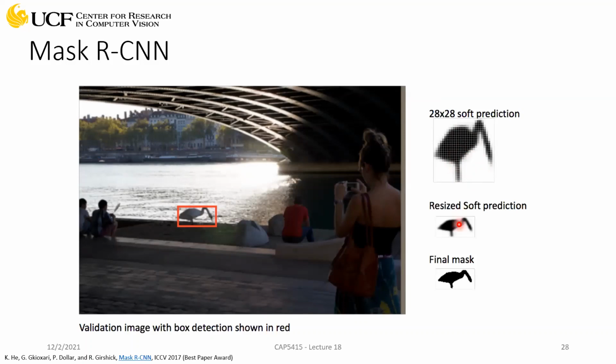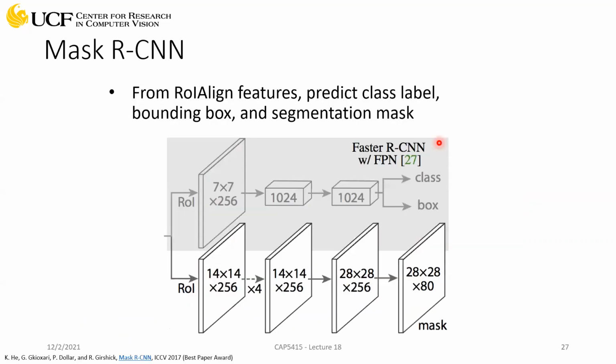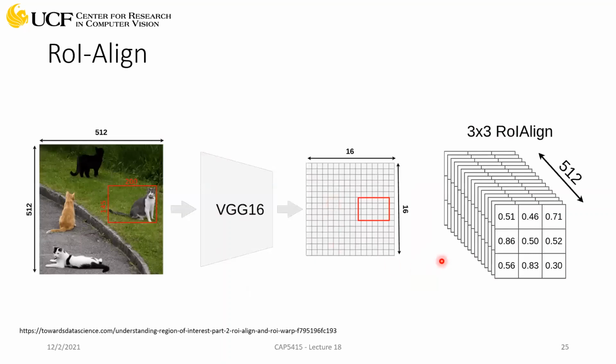And if you resize this, because what is going to happen is when you do ROI align, whatever the shape of the proposal, you will always make it, mostly we make it square. But of course, you can make it any other shape as well. It could be 3x5, 3x7. But whatever you choose, it has to be consistent across all the objects, because you can't change your network for different objects, right?